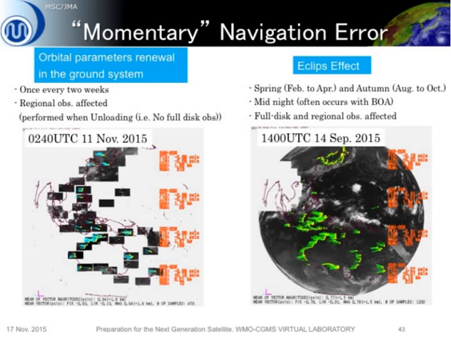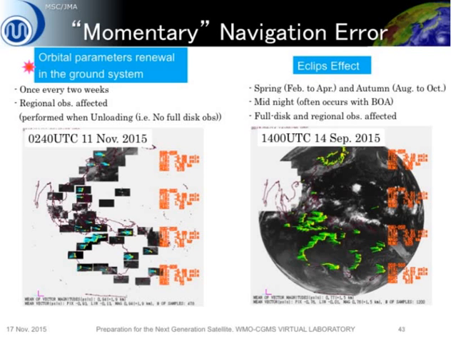But we know that a larger navigation error occasionally occurs due to two causes. One is orbital parameter renewal in ground system. Orbital parameters for image processing on ground system are replaced from predicted ones to measured ones every day.